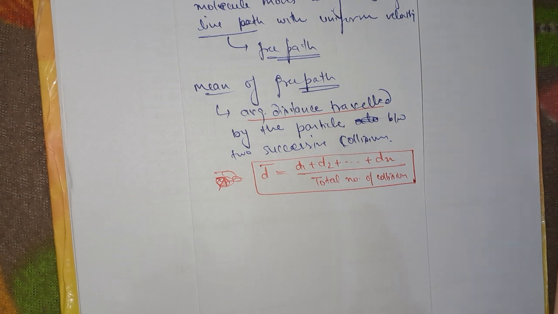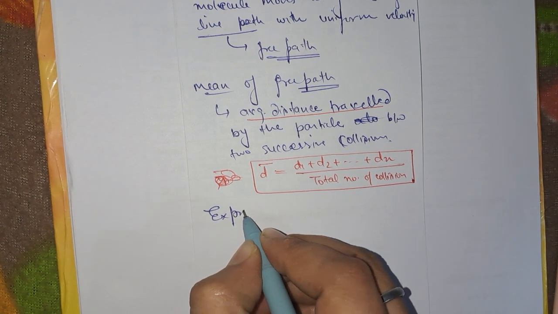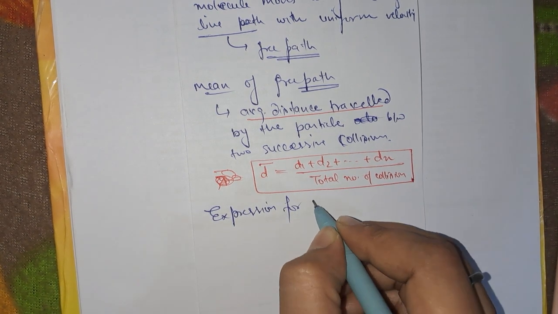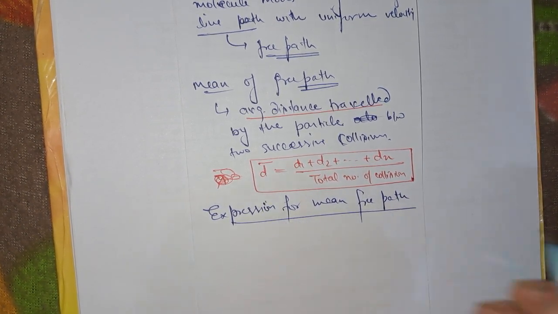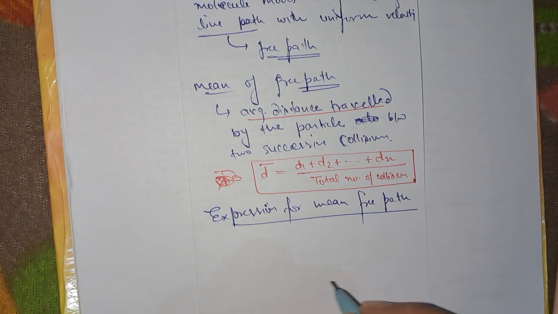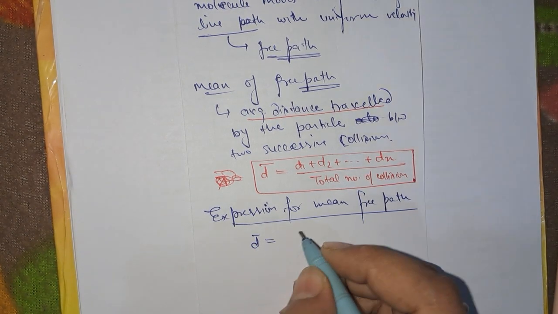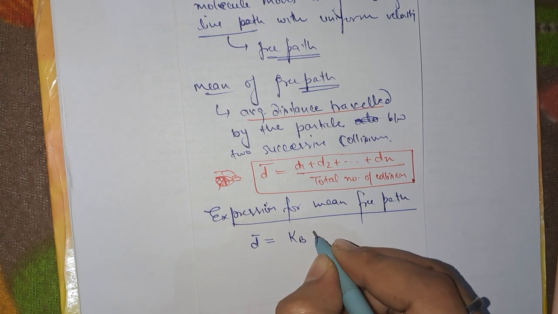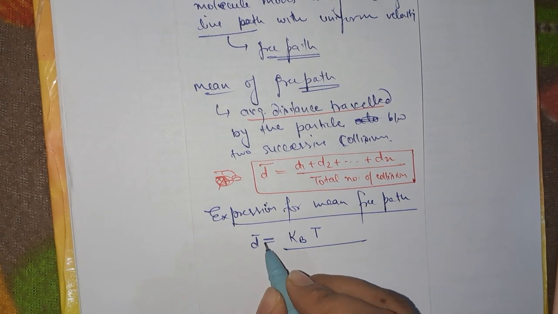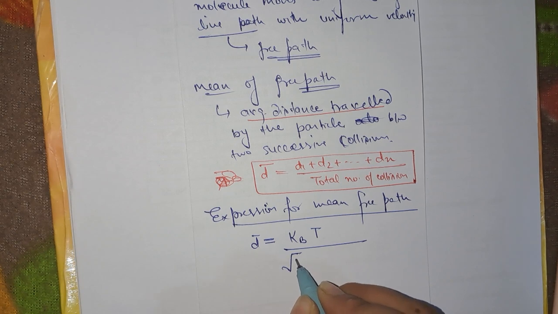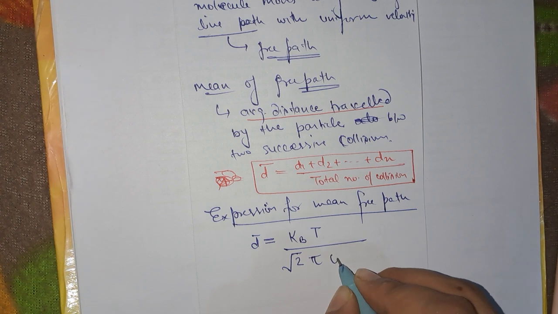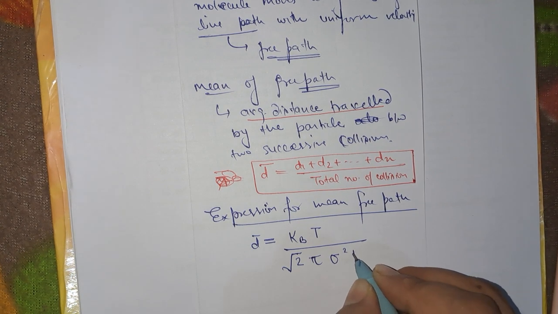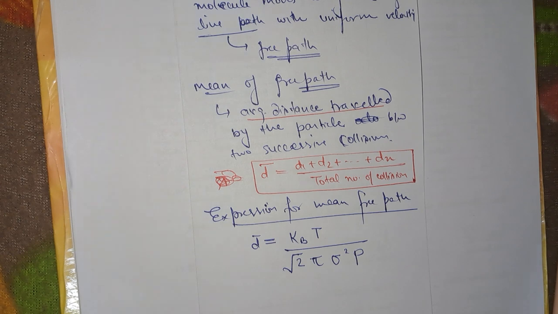So how would you deduce the expression for this? It is given by d bar is equal to kBT upon root 2 pi sigma square and p, pressure.